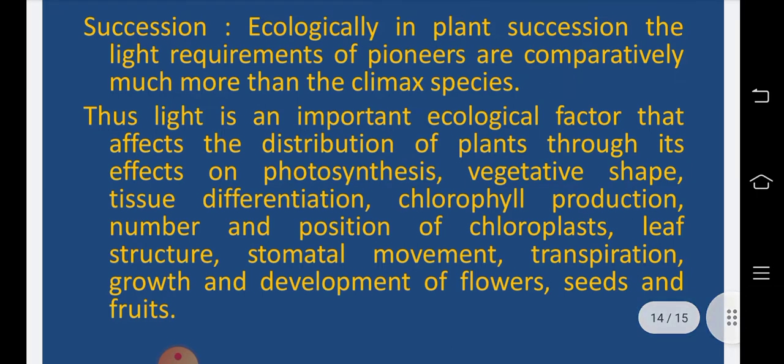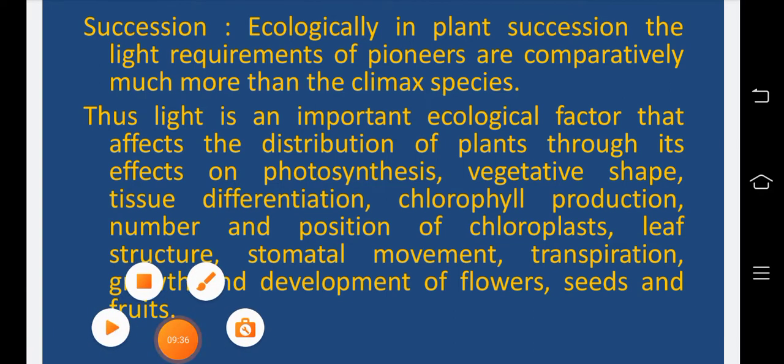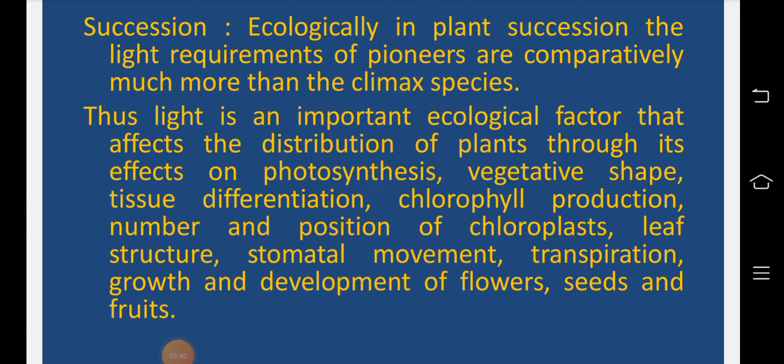Coming to ecological succession. In plant succession, the light requirements of pioneers are comparatively much more than those of the climax species. See, in ecological succession, what happens? A place is invaded by pioneers.